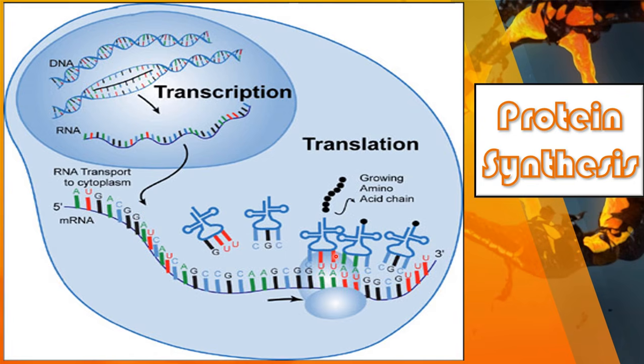Adenine again pairs with uracil. The chain of amino acid keeps on growing until a stop codon is reached. So, hanggang sa matapos niya ang messenger RNA. So, it will fold and it will become the protein that our body needs.